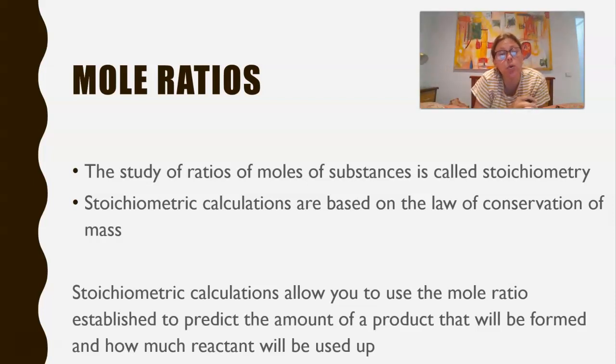So it's really important that matter and mass is not created nor destroyed, and neither are those atoms. So it's really important that we have got that balanced equation. Once we've got that balanced equation, we can use the mole ratio, so the coefficients in front of the formulas that you have, to predict the amount of a product that will be formed and how much reactant might be needed to make that amount of product.